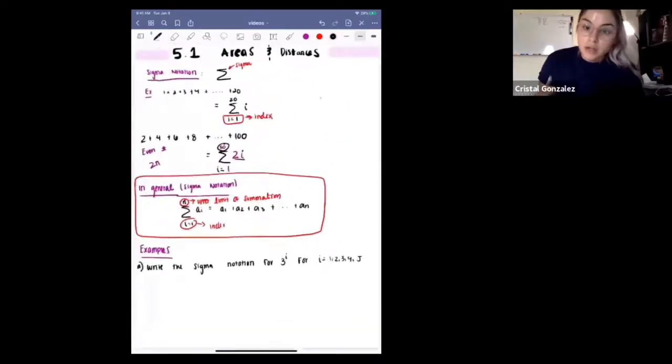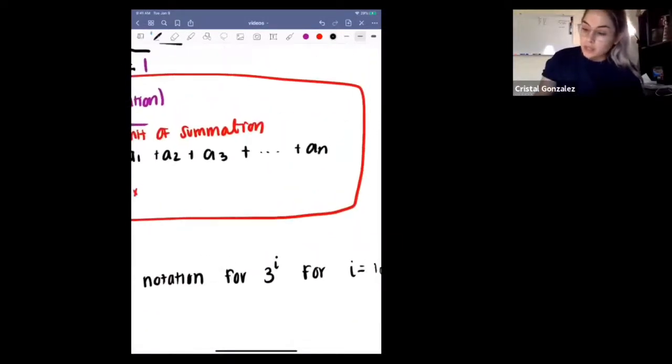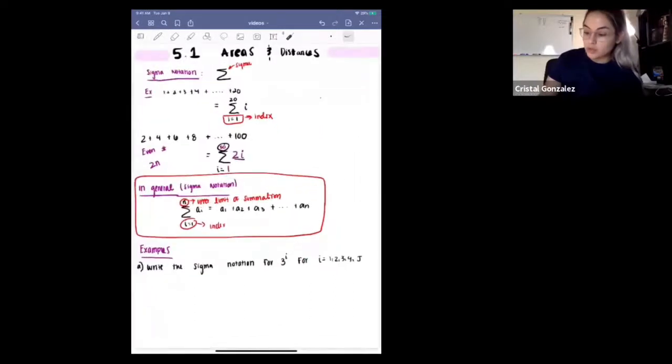So right here, I'm telling you what's going to be that a_i inside the sigma notation. So this is what's going to match with this part here. And I want you to do it for i equaling 1, 2, 3, 4, and 5. So just get some practice with writing the sigma notation.